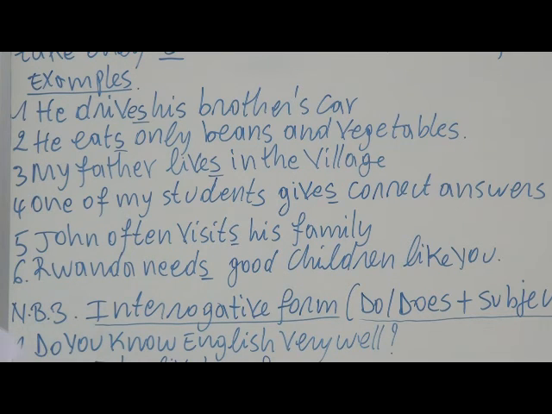I have told you that many verbs take s on third person of singular, and I've told you where we should add es. Now we have seen where we can add only s.